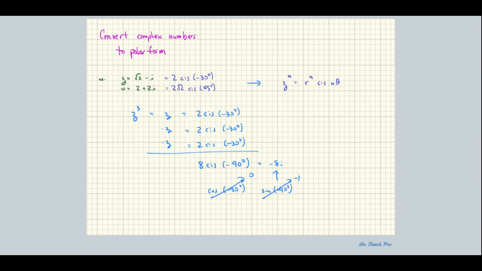Okay, and you just saw that happen with z cubed. But because this is coming from exponent rules, de Moivre's theorem only works with integer powers. It's only for integer powers. And this is de Moivre's theorem.